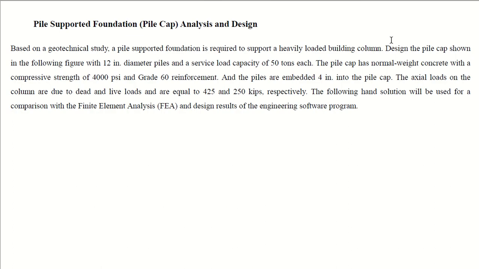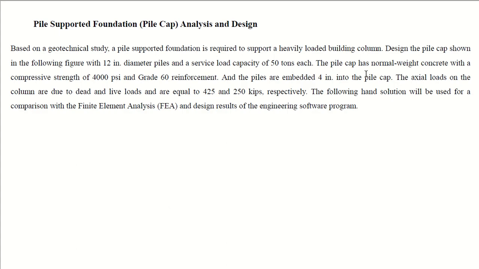Okay, further it says that design the pile cap shown in the figure on next slide with the 12-inch diameter piles. Okay, the piles underneath it will be 12-inch in dia and a service load capacity of 50 tons each, and each pile will be able to carry 50 tons load.